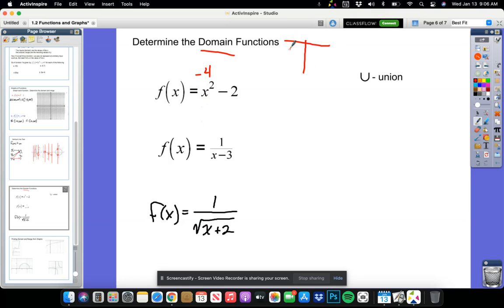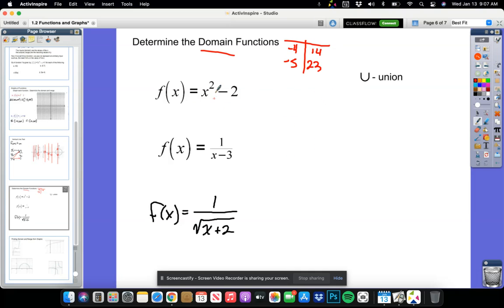If I put in a -4, -4 squared is positive 16, minus 2 is 14. If I put in a -5, again, -5 squared is positive 25, minus 2 is 23. The bigger the negative number gets, the bigger this gets as well.